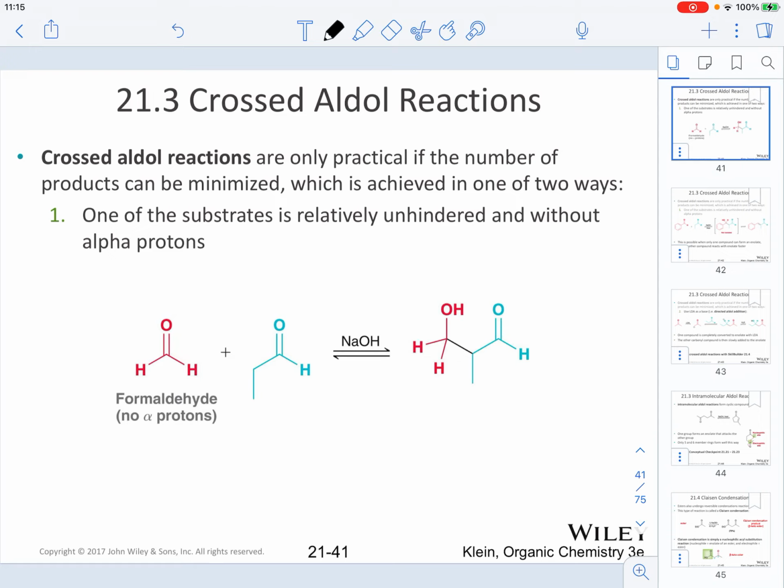The first way is if we have a substrate that is relatively unhindered or without alpha protons, because what this is going to result in is that, as you can see, formaldehyde, since it has no alpha proton, is going to allow the other aldehyde to act as a nucleophile because it can produce the enolate.